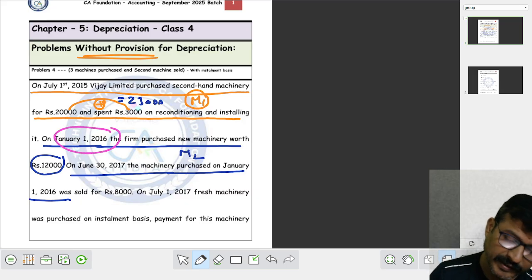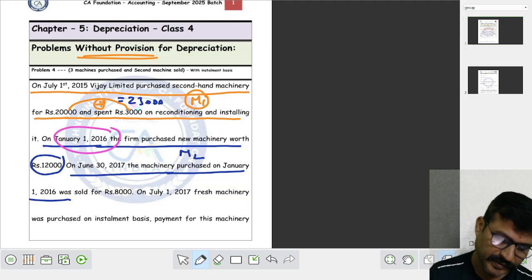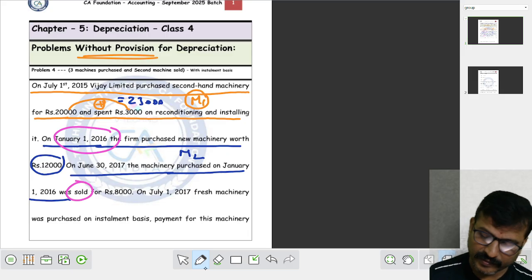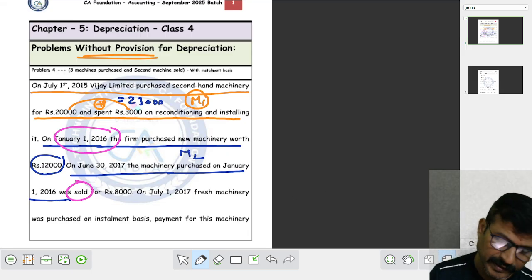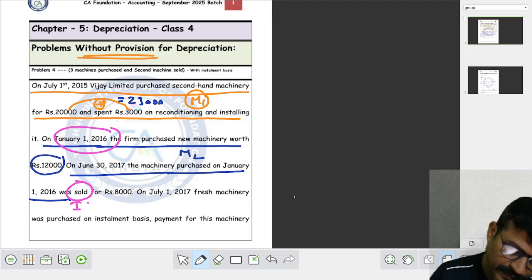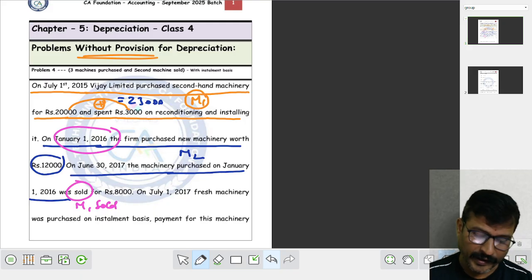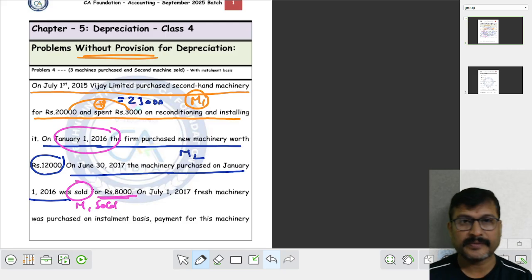The first machine is being sold. Now we can say that M1 is sold for an amount of rupees 8,000.